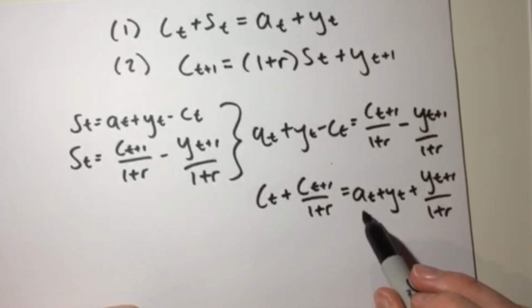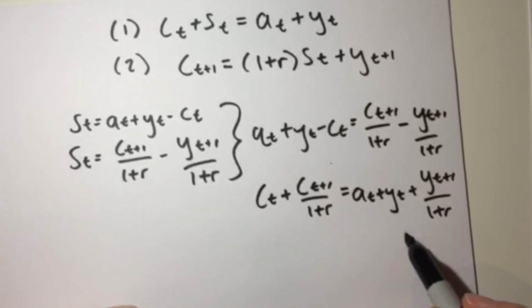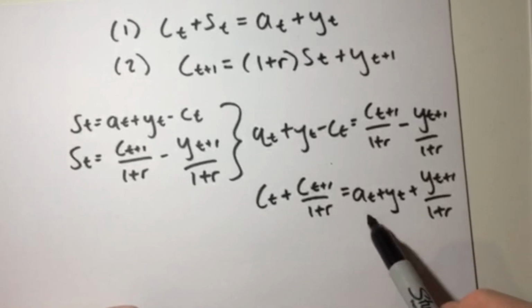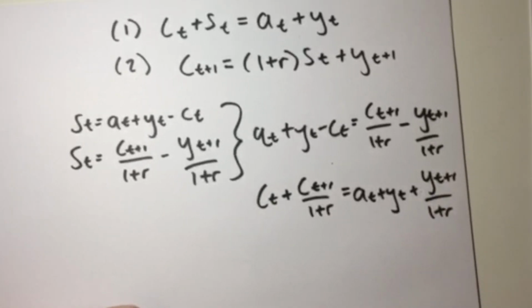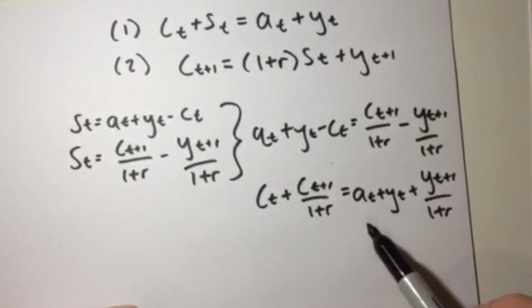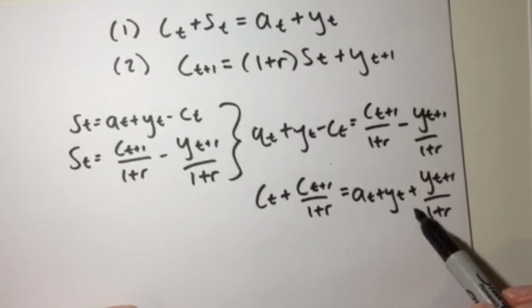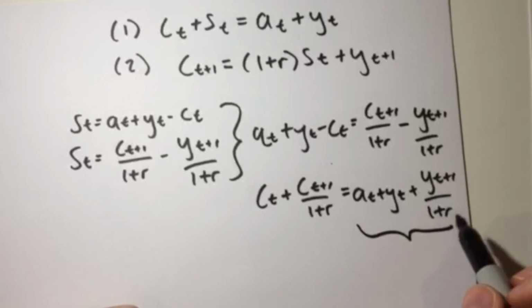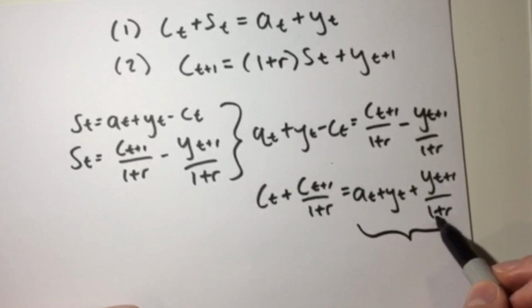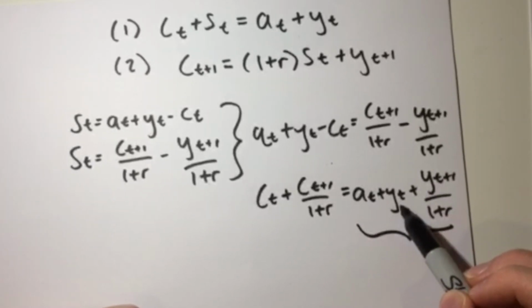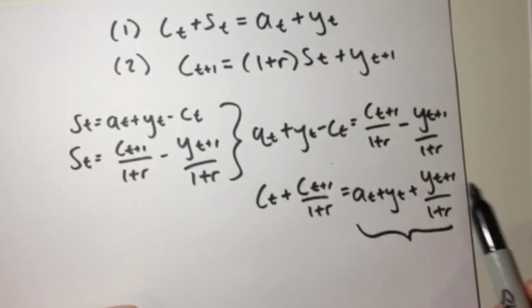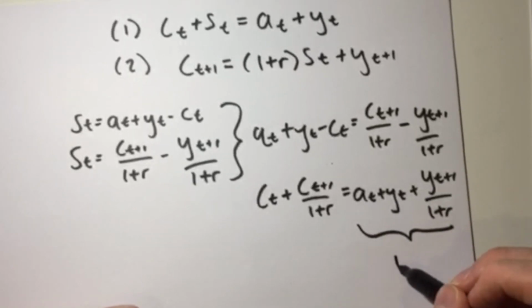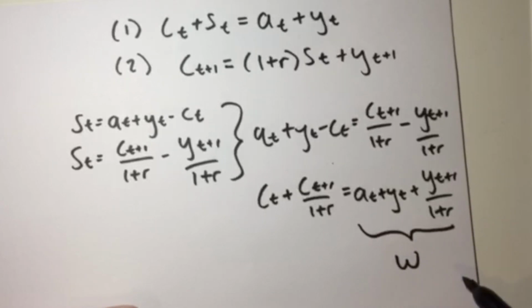And now we're going to call this W, which we're going to call our lifetime wealth, because this is everything over the 2 periods that we're given in terms of earnings and assets. So this whole right-hand side of the equation, with the Y_{t+1} discounted by the interest rate, Y_t, so income in the first period, and the assets that were given in the first period, we're going to call W. So that's lifetime wealth.